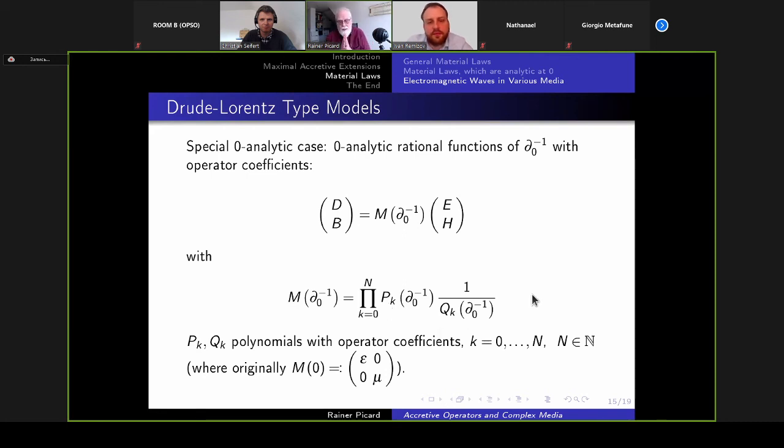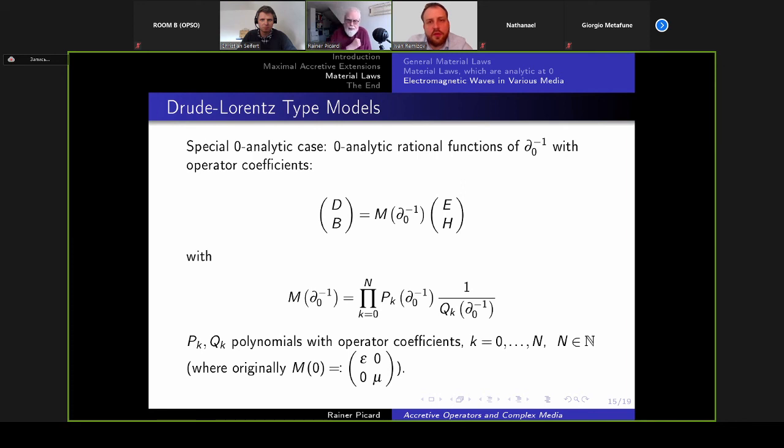The semigroup enters the picture because it is the fundamental solution of equations of the type D0 plus A. This is not the case here, so a different fundamental solution would be more appropriate. The idea is to have a fundamental solution and then express general solutions by convolutions with it. Complicated material laws would involve different fundamental solutions, which are not exponential functions anymore.